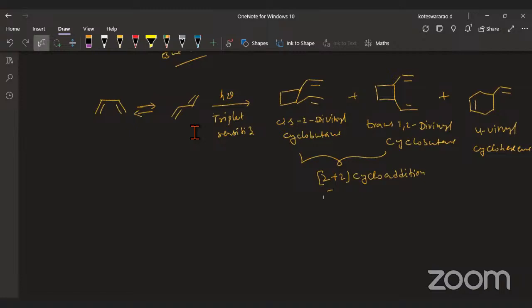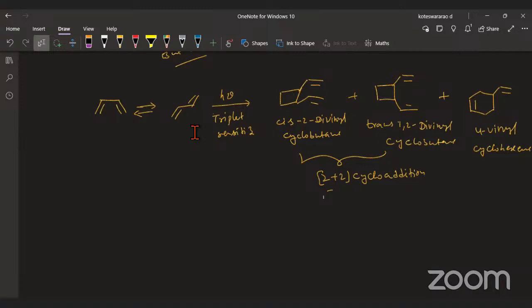The dimerization composition always depends on the triplet energy of the sensitizer. With a sensitizer having the highest triplet energy, the product ratio is almost the same.